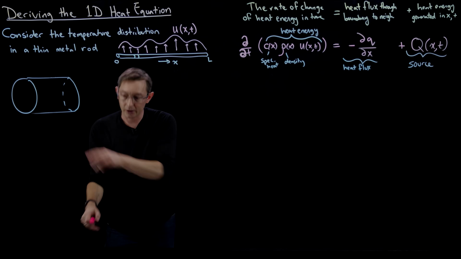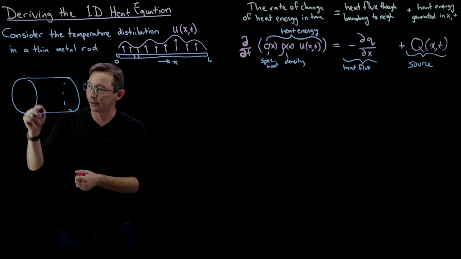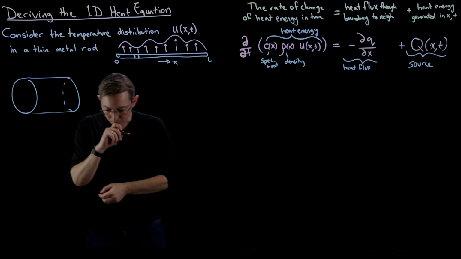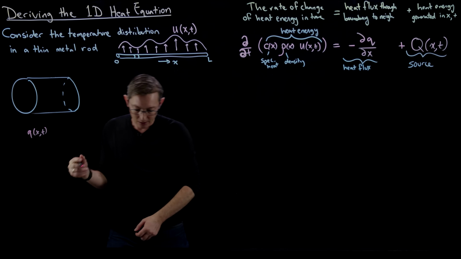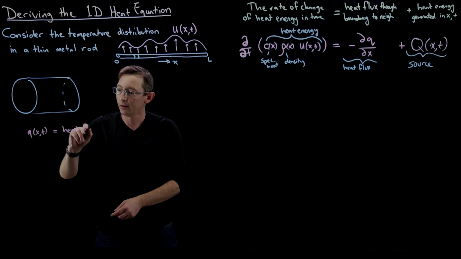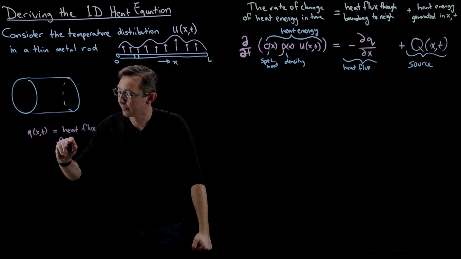So let's say I have a little teeny segment, an infinitesimal delta x segment. And I have what I'm going to call Q of x and t, which is called the heat flux. This is the heat flux from left to right.